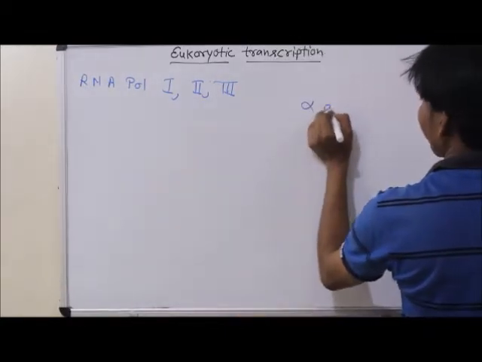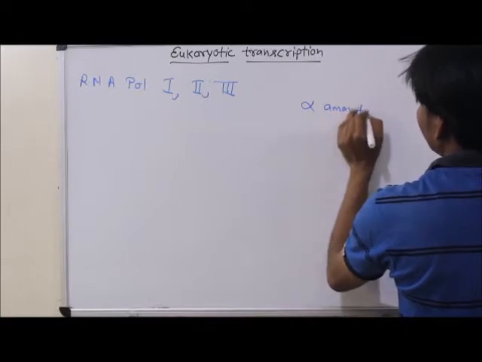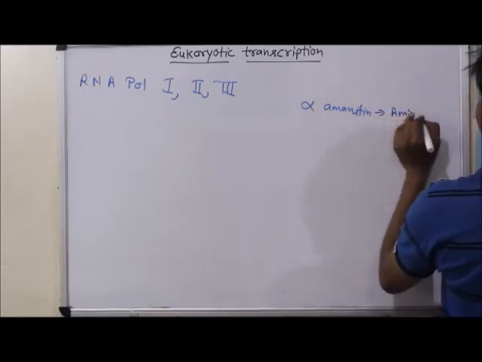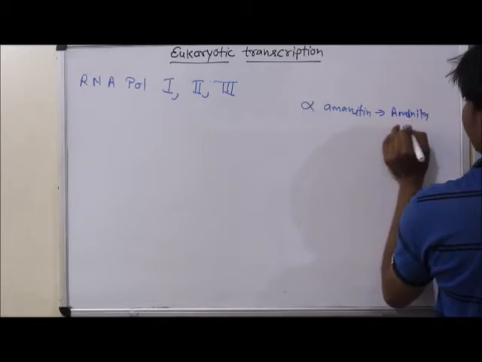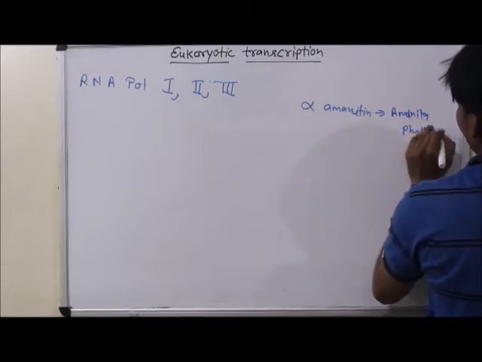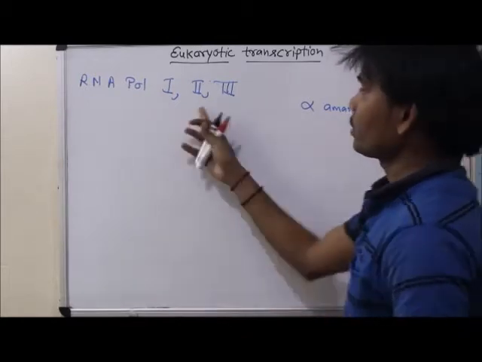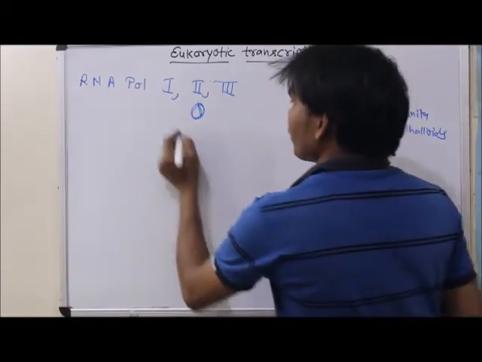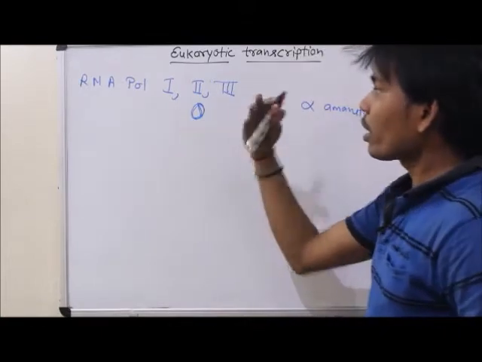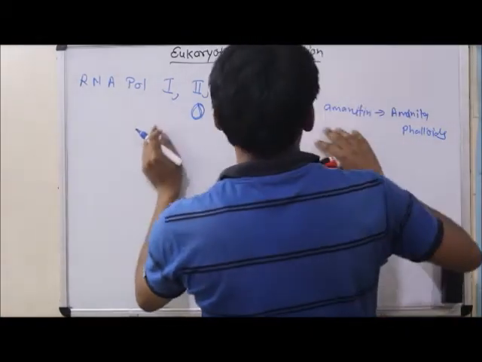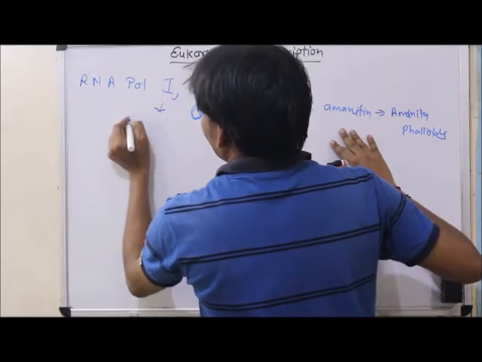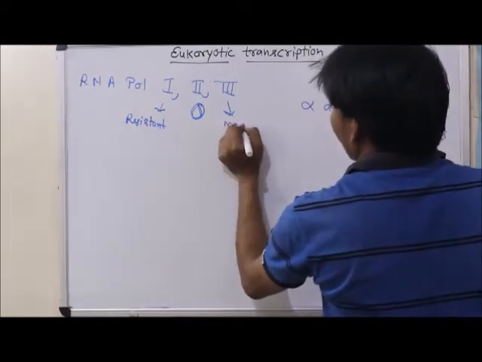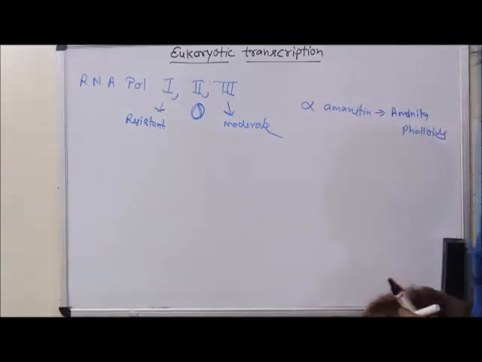Alpha amanitin is a poison obtained from the fungus Amanita phalloides. It totally inhibits RNA polymerase II. RNA polymerase I is unaffected by alpha amanitin, that is, it is resistant, but RNA polymerase III is moderately affected by alpha amanitin.